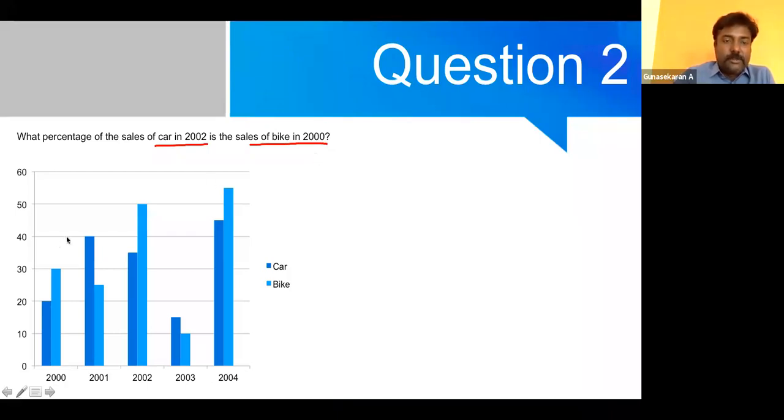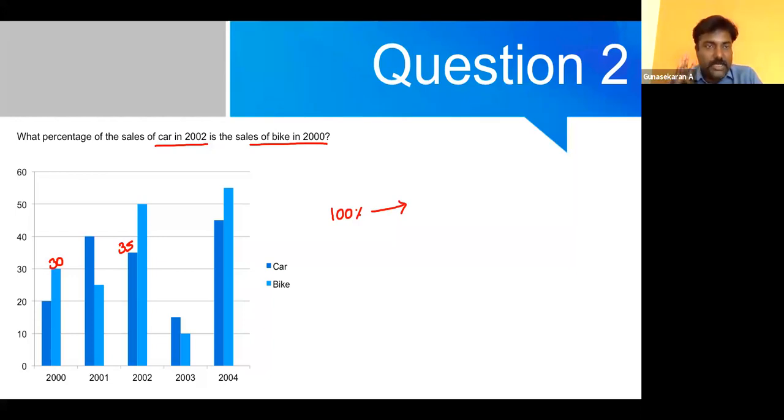Sales of bike in 2000 is 30. Sales of car in 2002 is 35. Tell me what is 100%. 35 is 100%.